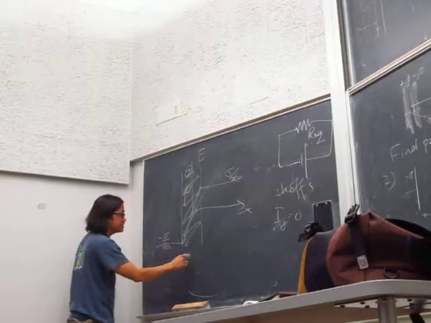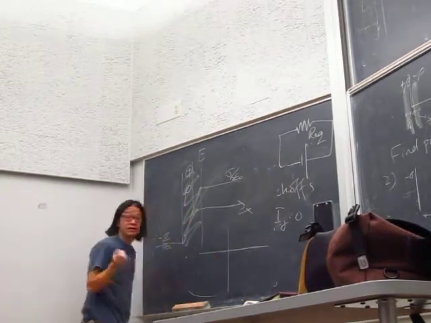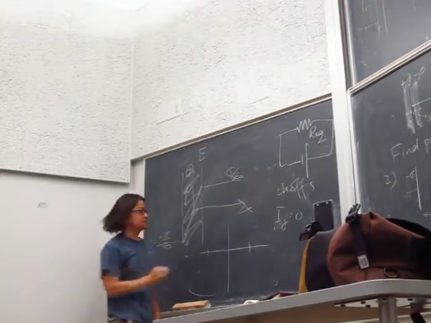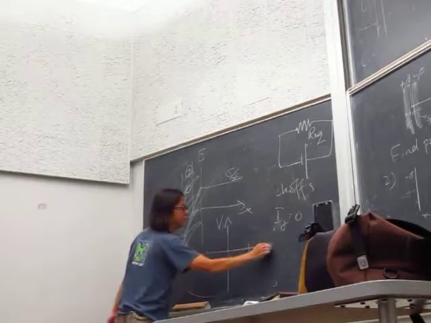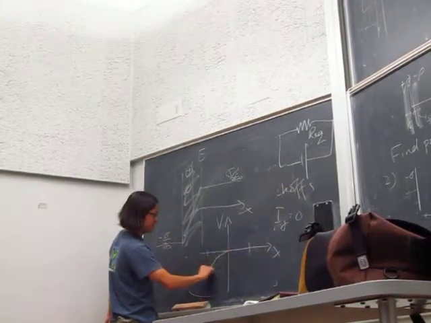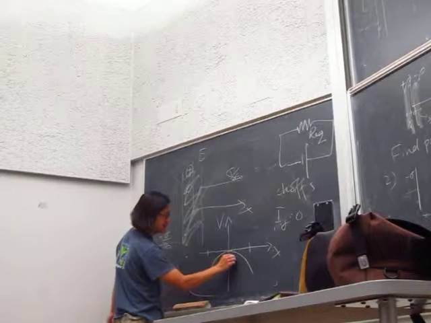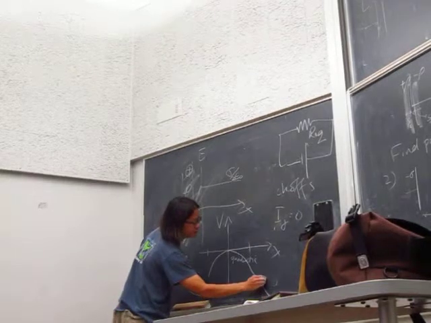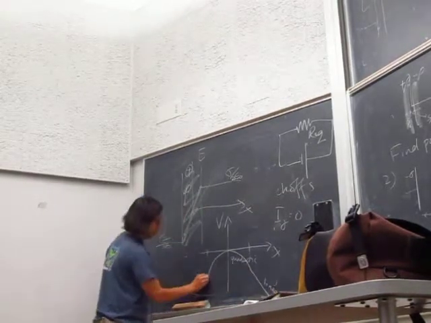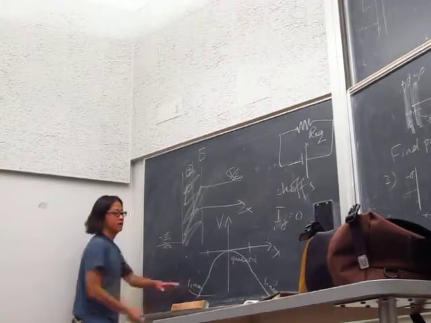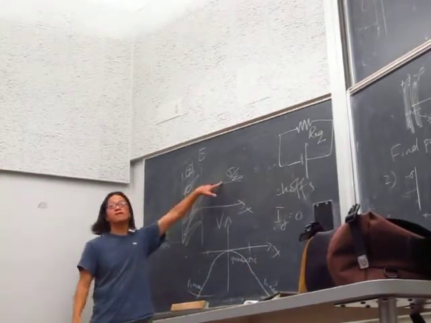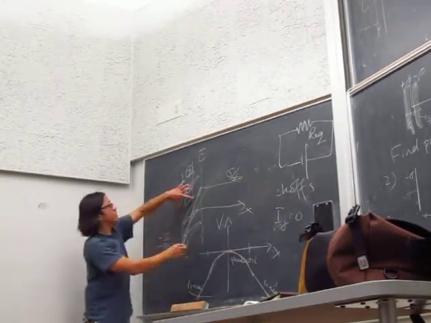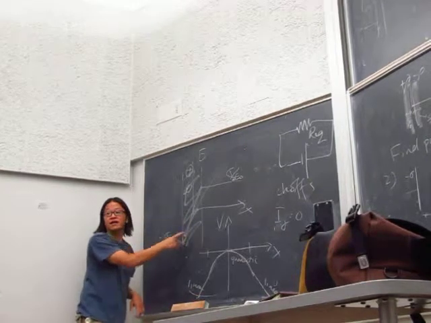And what's the potential? I think we did this in lecture, maybe. I forgot. Then the potential goes like this. It's quadratic here, and it becomes linear here. So the linear part, when you take the derivative, becomes constant electric field. And the quadratic part of the potential gives you the electric field as linear inside.